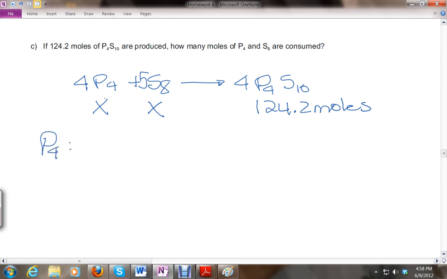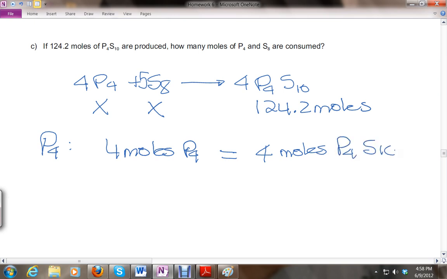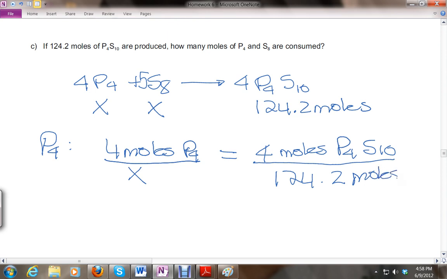Okay, so again I use my recipe, and 4 moles of P4, according to the equation, are going to give me 4 moles of P4S10. How many moles of P4 will give me 124.2 moles of P4S10?